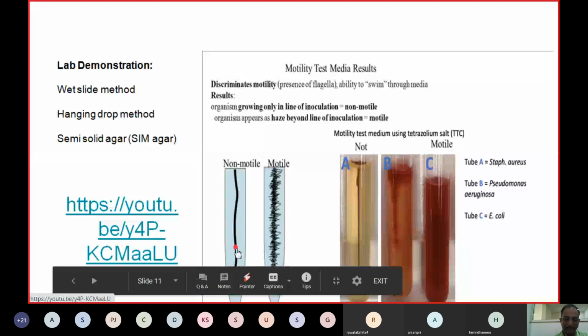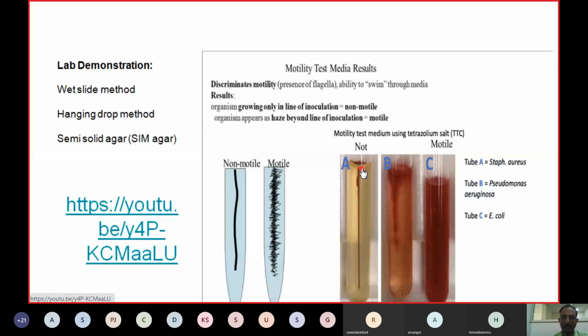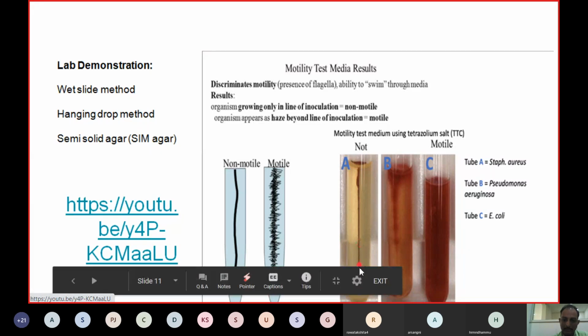This line you see is basically the line of inoculation. Do you understand what the line of inoculation is? This is a test tube, and it has medium. Now with the help of an inoculation loop or needle, basically, we transfer the bacterial culture into the medium, right? At the center of the medium, we call it stabbing.